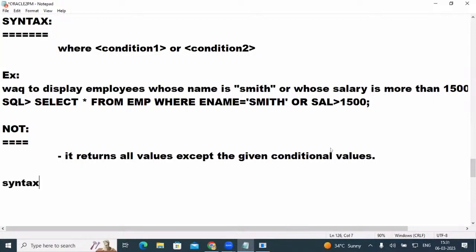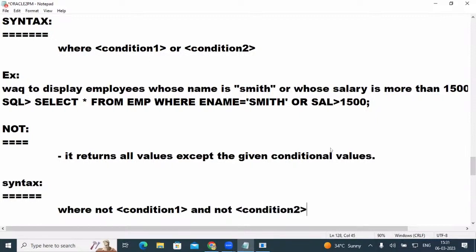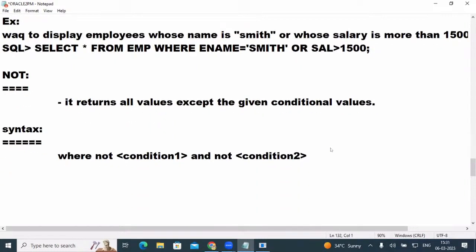What is the syntax here? The syntax was WHERE NOT condition number 1 AND NOT condition number 2. So it returns all values except the given conditional values. Which values you give in the condition, those values are not written, but the remaining values are written for us.